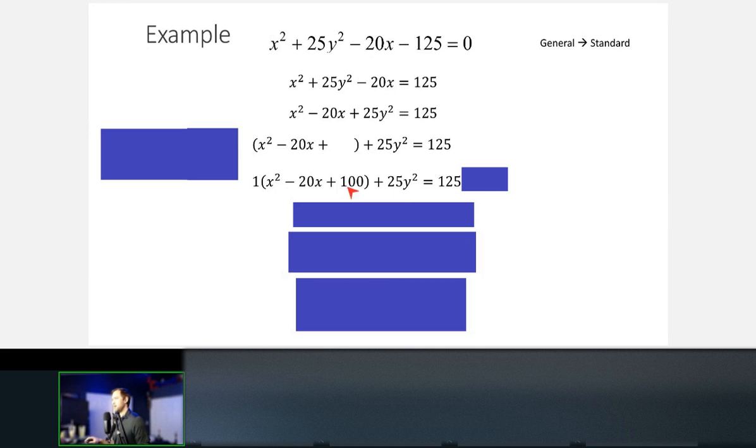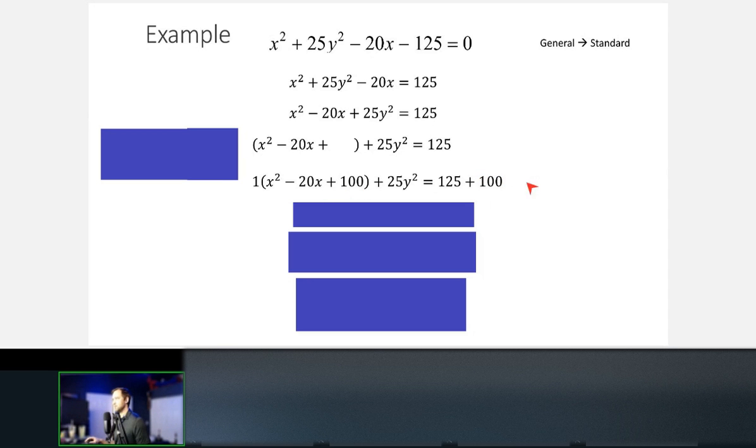Okay, so we added 100 here. What number did you add on this side? Yeah, 100 also, because 1 times 100 is still 100, so that's nothing different. Now, with going from general to standard, for whatever reason, this is the part people will mess up on. They'll do everything right on the left side, and put 100 here, but the mistake people make is they forget to add whatever number is needed on the other side.